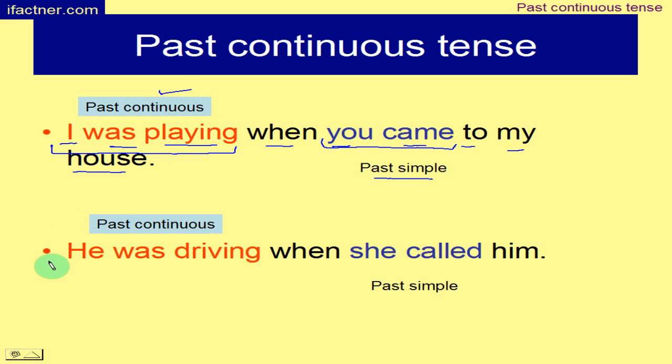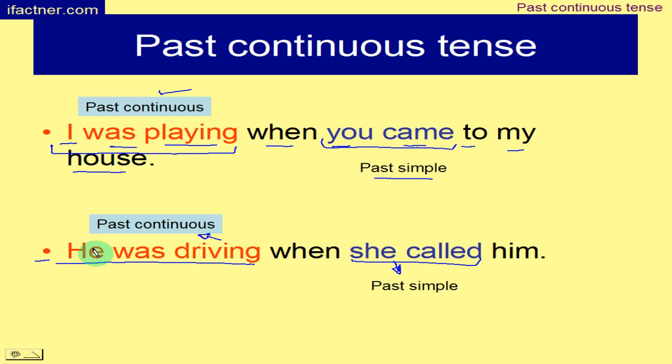Another example is he was driving when she called him. He was driving is an example of past continuous tense, and she called is in past simple tense.